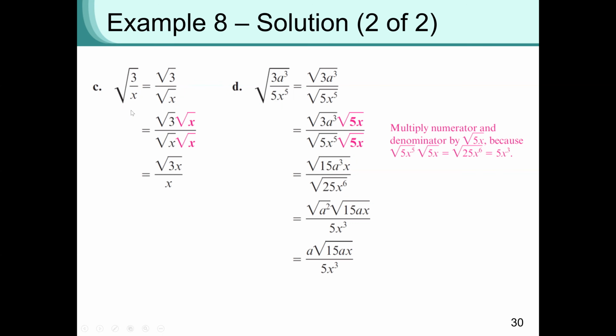The same example here. We separate the radical sign, square root of 3 over another square root, so square root of 3 over square root of x. We are removing the radical sign.